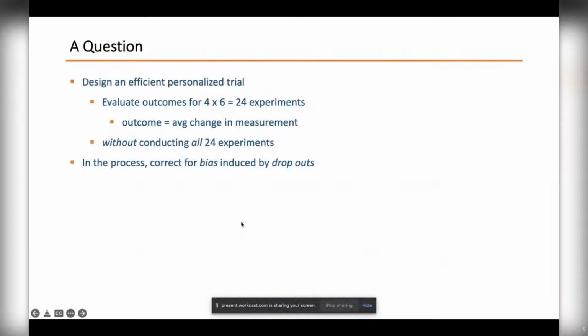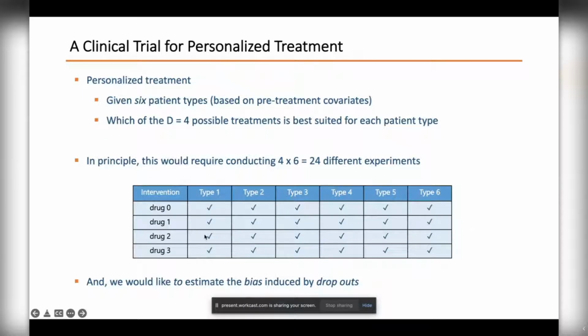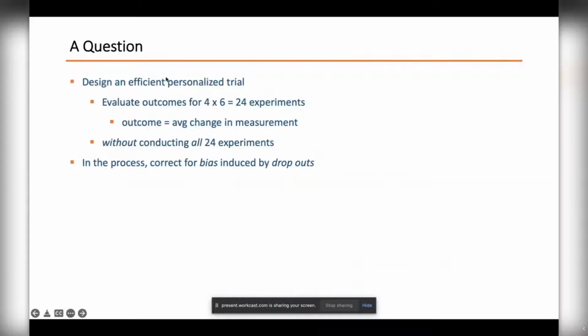Putting it another way, if we wanted to fill in all of these cells for each treatment and patient type, that is 6 times 4, 24 possible things, we would need to run an experiment for each. And as you know, experiments are expensive in this setting. The question is, can we predict the outcome of all of these experiments without conducting all 24? Maybe just half of them. Maybe all I want to do is 12 experiments. Can we still do that? And as we do that, we also want to correct the bias induced by dropouts.